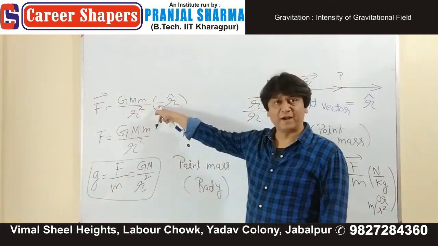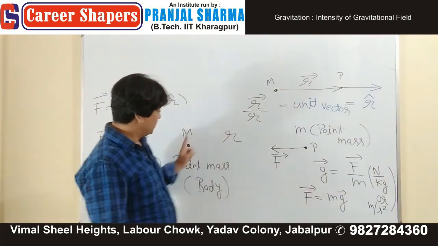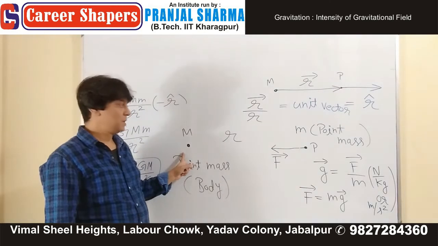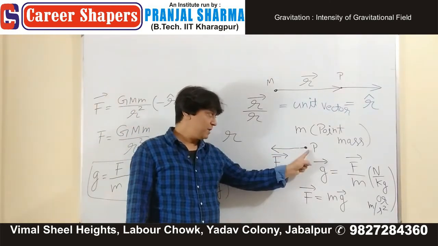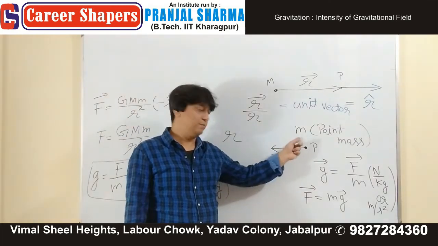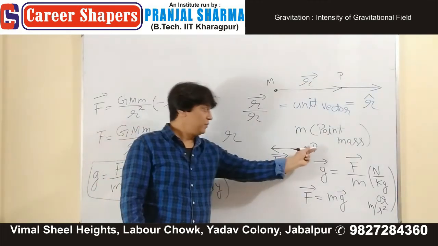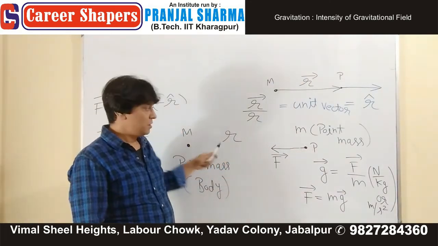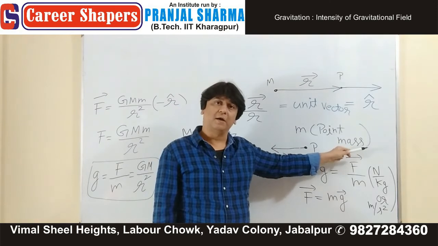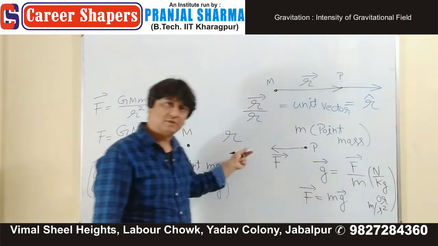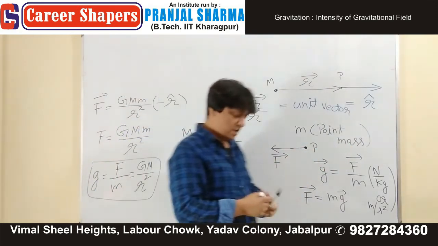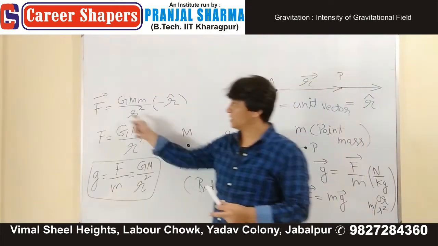What is the meaning of the negative sign? This capital M is attracting mass m in this direction. What is this? r cap. And therefore what is this? Minus r cap.